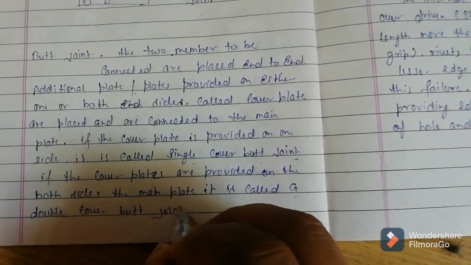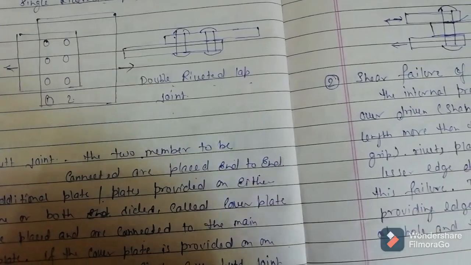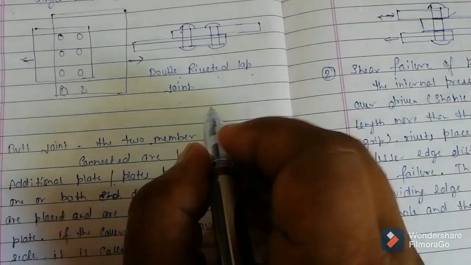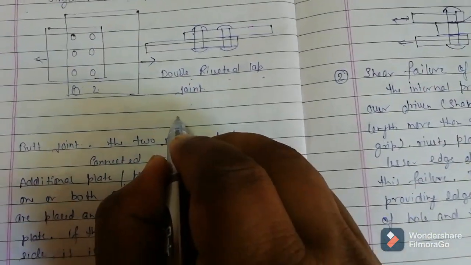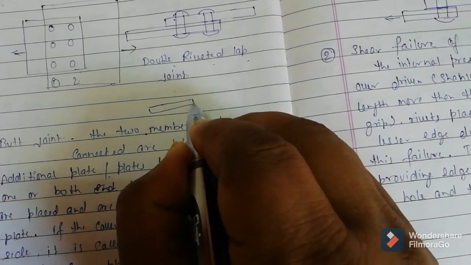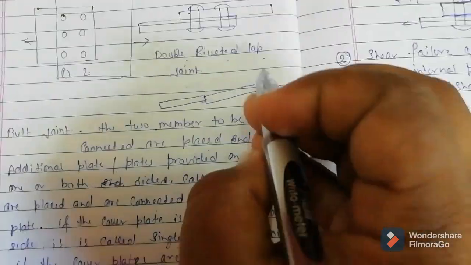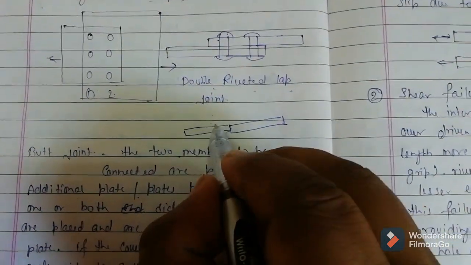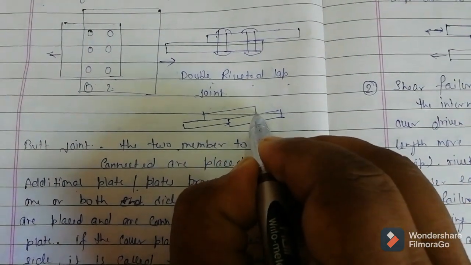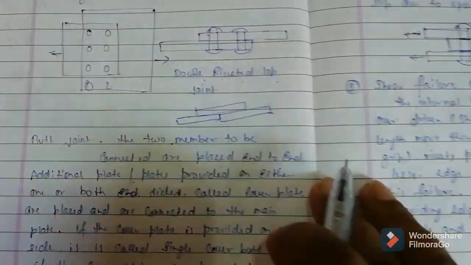Okay, so now here, the lap joint we have already explained. Now this is the butt joint, with the members placed end to end. This is the first member and this is your second member. Now we are going to connect these, so we provide an additional plate, called a cover plate.